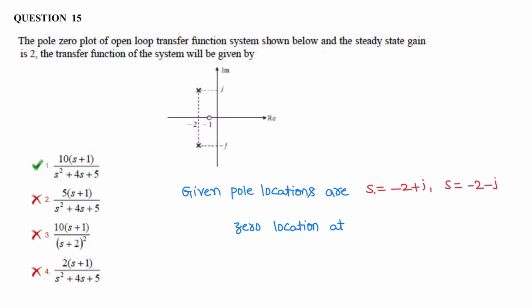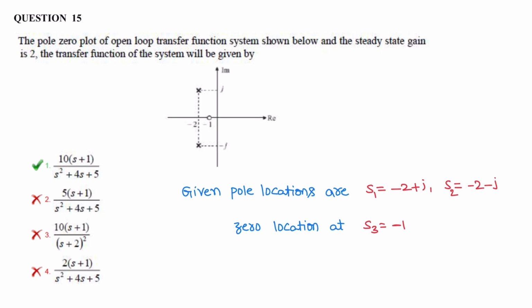These are the pole locations s1 and s2. Next, the zero location is at s equal to minus 1.